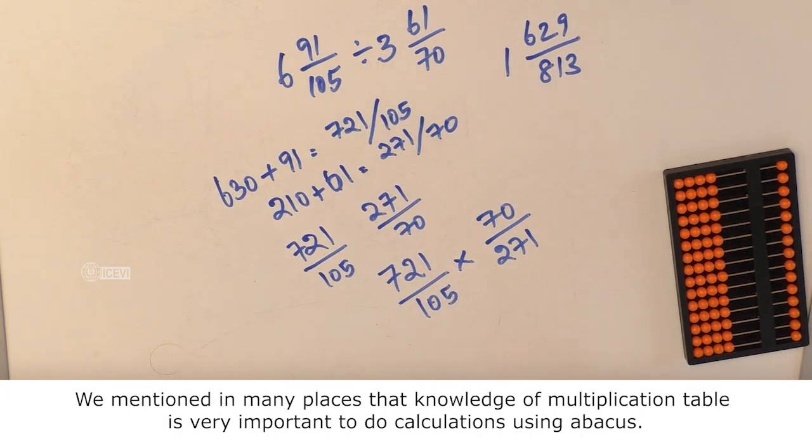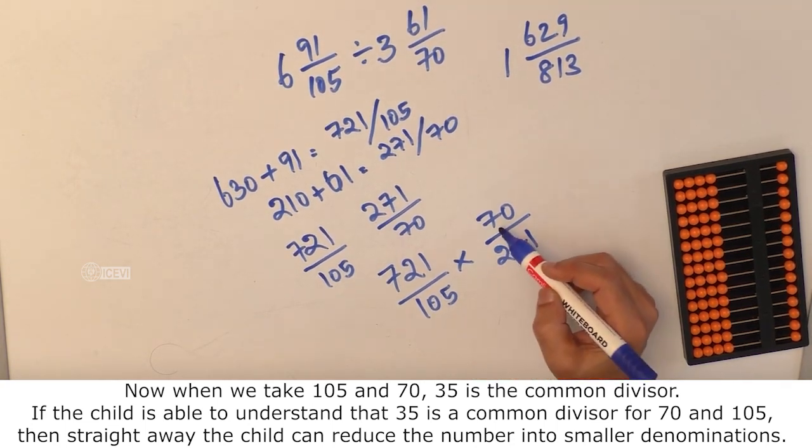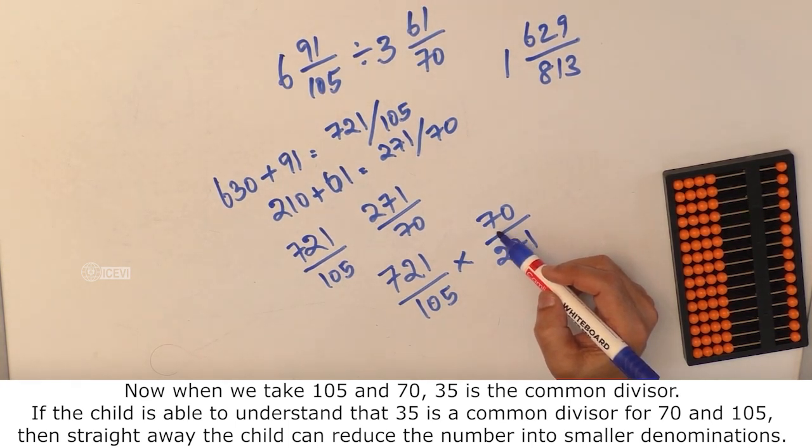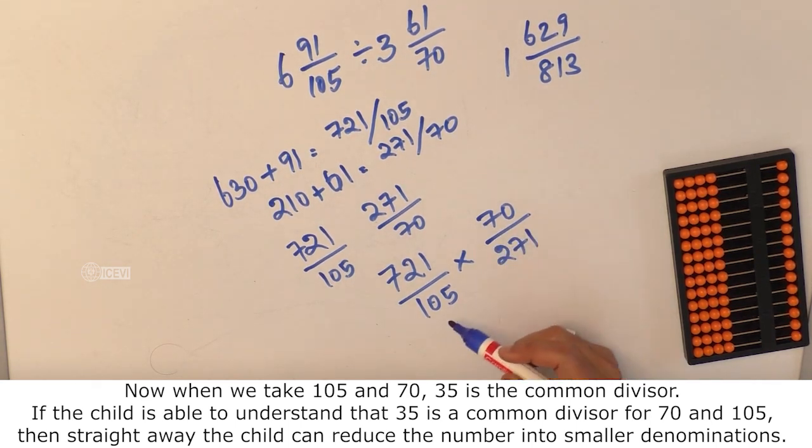We mentioned in many places that knowledge of multiplication tables is very important to do calculations using the abacus. Now when we take 105 and 70, 35 is a common divisor. If the child is able to understand that 35 is a common divisor for 70 and 105, then straight away the child can reduce the numbers into smaller denominations.